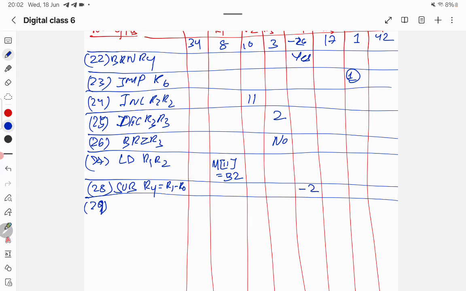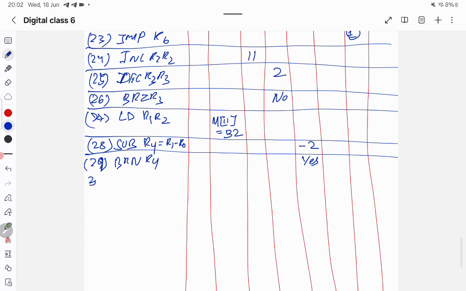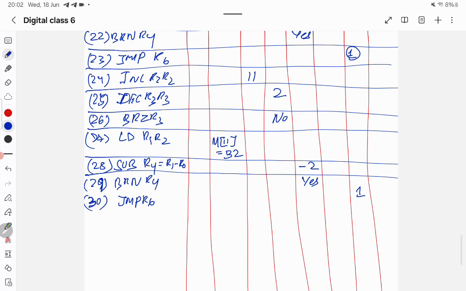Don't be so slow. Then BRN R4. Is it negative? Yes, negative, right? Then since it is negative, what will be the next instruction? Jump to JMP R6. R6 has value 1, right? This is R6.